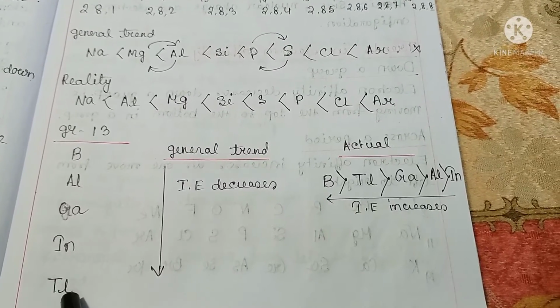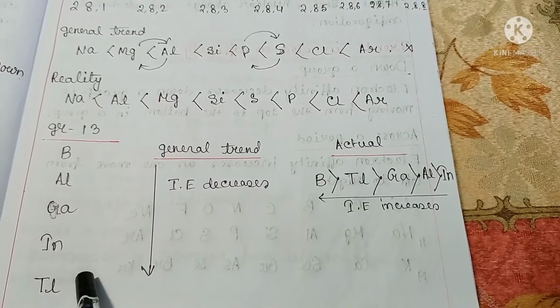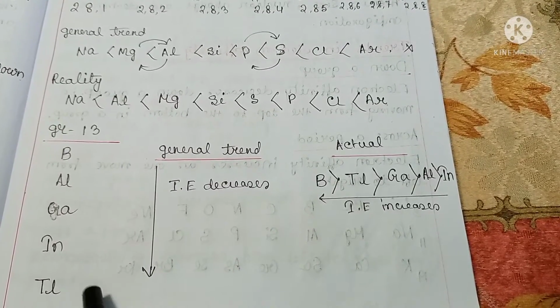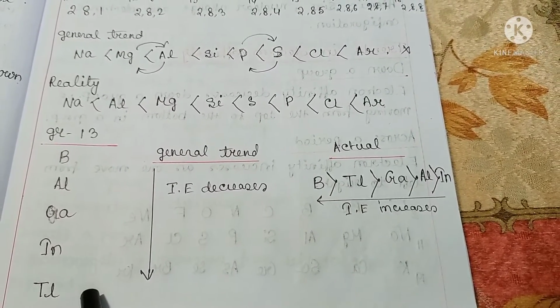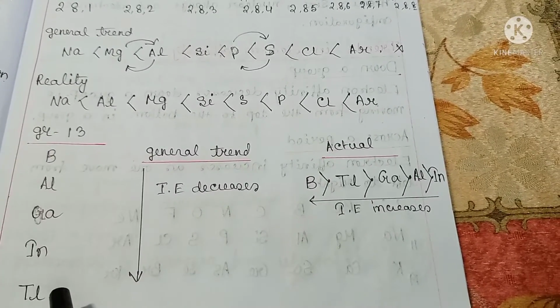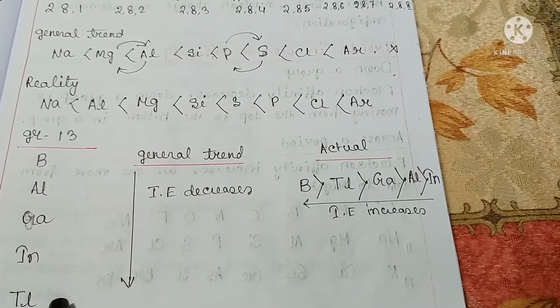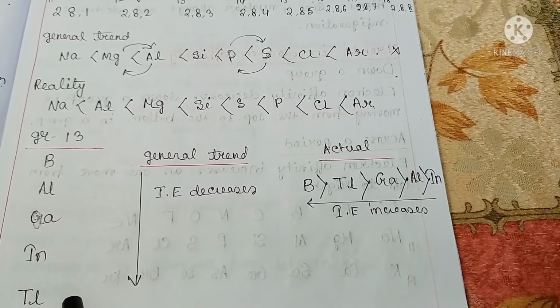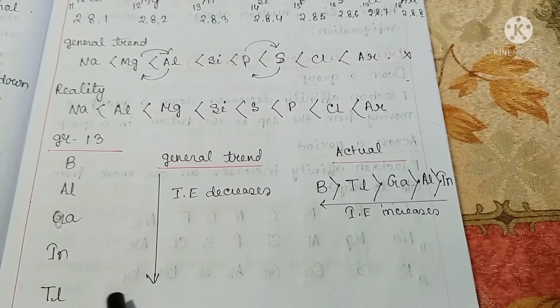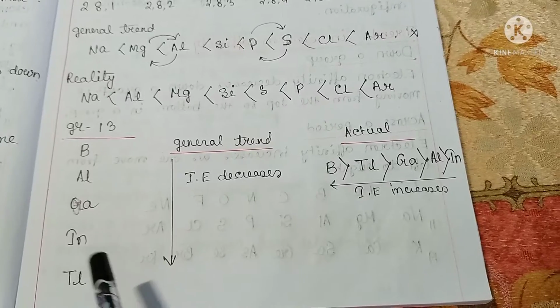Actually, thallium and gallium have more ionization energy due to poor shielding effect. Now, what is shielding effect? This means the reduction in force of attraction by the shells present in between nucleus and valence electrons is called shielding effect.